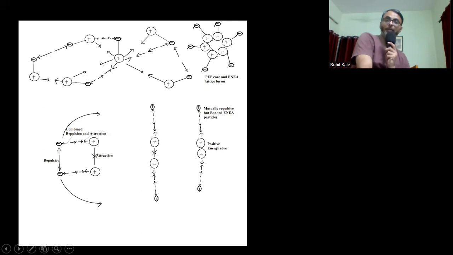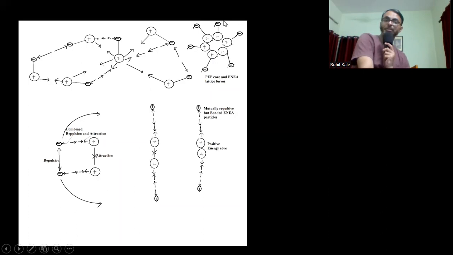Now, if there are multiple positive energy particles which come together, then multiple negative energy particles will keep remaining bonded, but they will remain separate and move away. They will keep repelling each other, but they will keep getting attracted towards this.